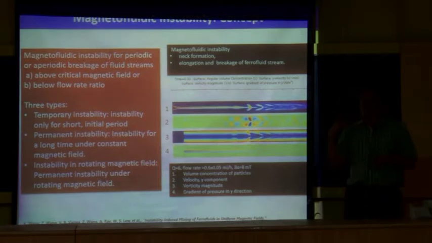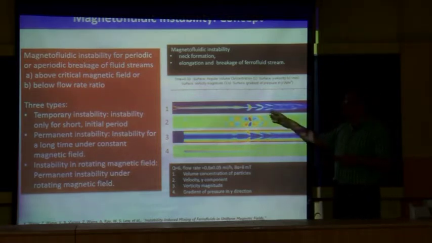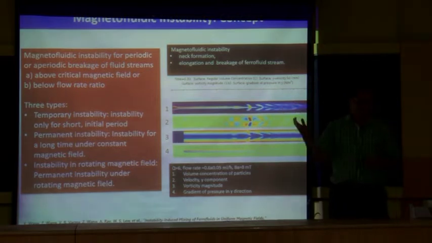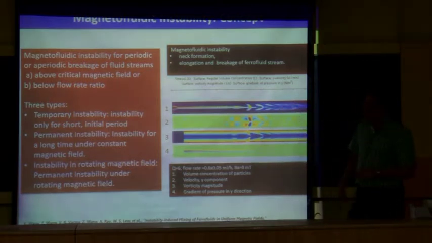Here I'll show you another way in which we can create these kinds of instabilities very easily. So now I can take this ferrofluid, the same ferrofluid I talked about earlier, and I will just apply a small field, it's only a few millitesla, and I can induce instabilities.